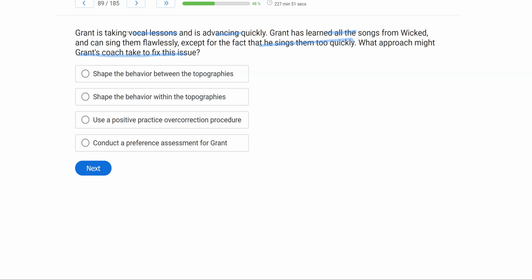What about C? Use a positive practice overcorrection procedure. Well, with positive practice, he would want Grant to sing them correctly, which is okay, right? Because with positive practice, we're doing the right behavior over and over and over again, except that's punishment. And so, what is better than starting with punishment?